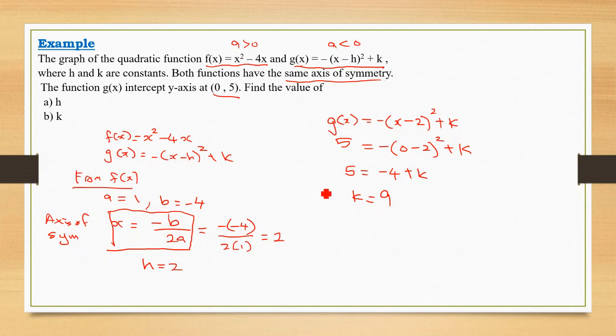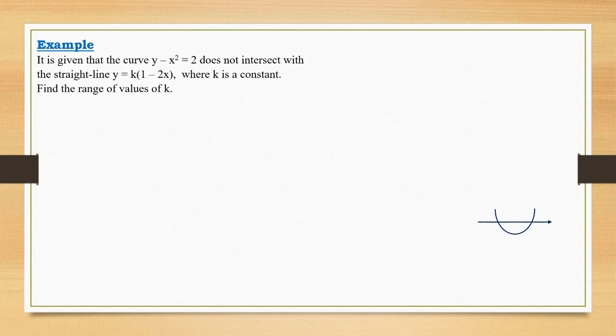So I have one more question here. We have not seen the phrase "does not intersect" yet. What is meant by does not intersect? This is another way of saying there are no roots.